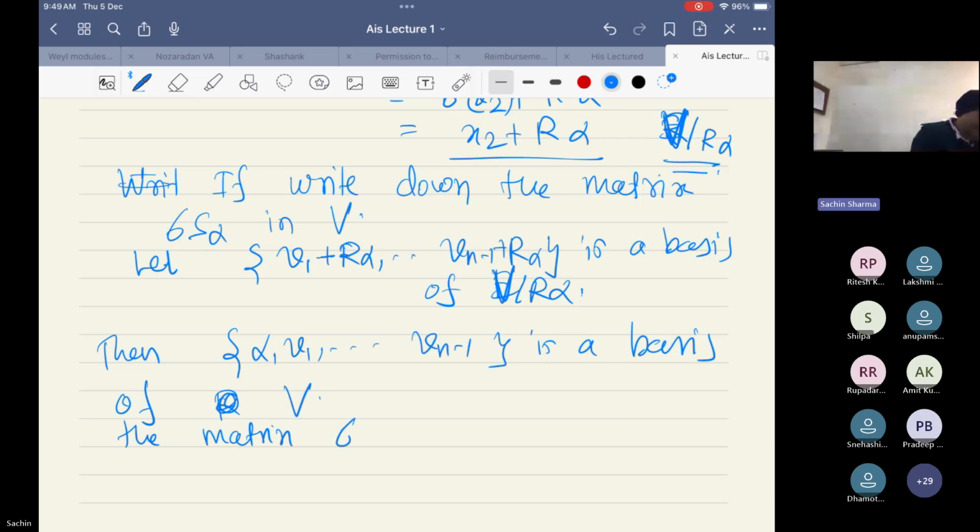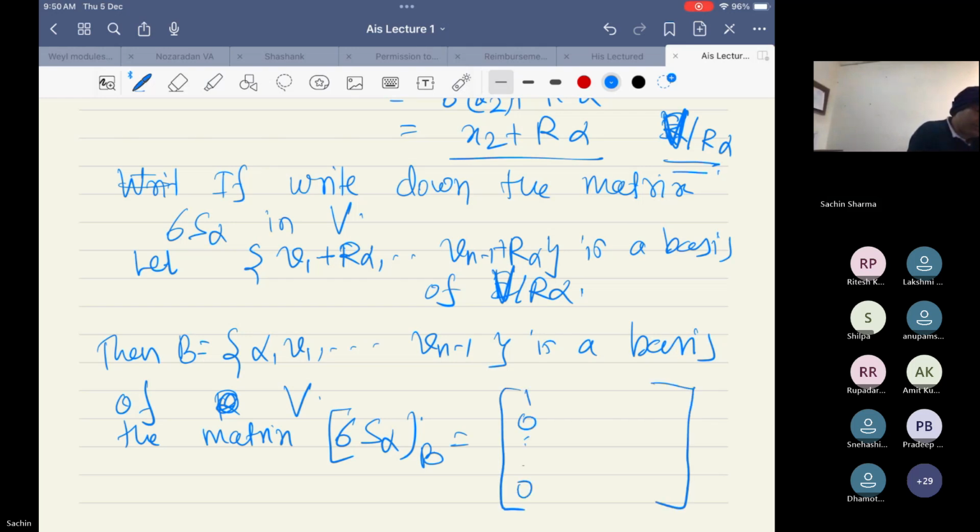The matrix of sigma S alpha in this ordered basis B will be 1 0 0, there is some C1 0 0 0 and so on. Okay, so this will be a matrix.